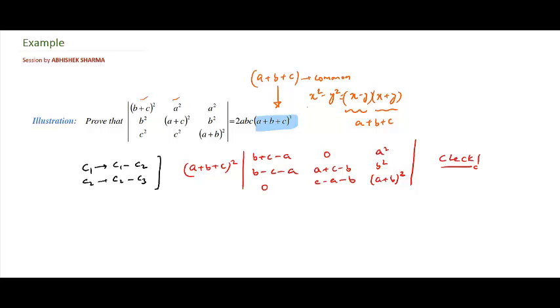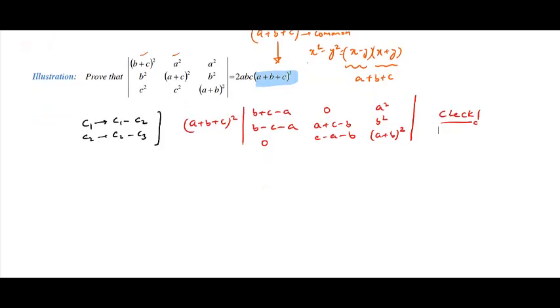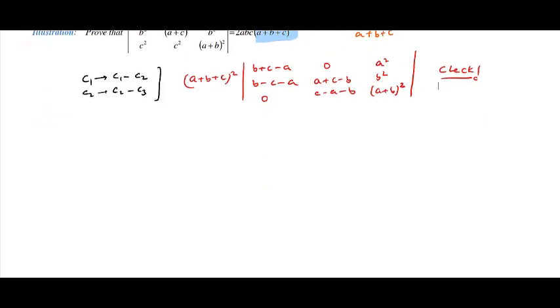Okay. And now once you reach this particular step, I'll again be using two sets of transformations, and these will be: from the third row subtract the first and second row, and then from the first column, add the second column.